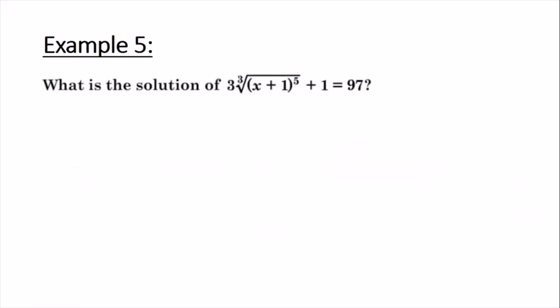Example 5 is already written as a radical. It can also be written as 3 times (x plus 1) to the 5/3. So it could have been left as a rational exponent, but we went ahead and wrote it as a radical and an exponent.